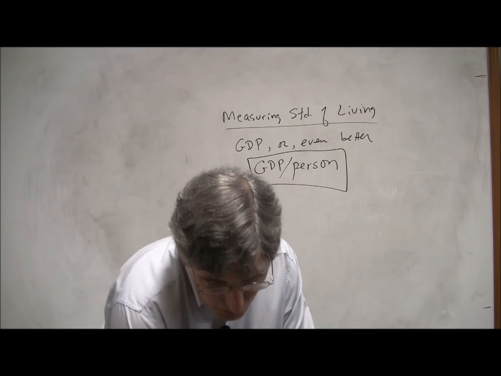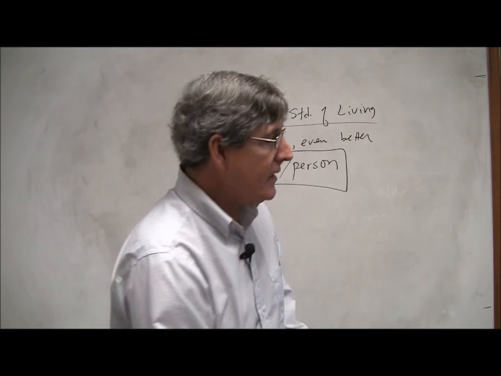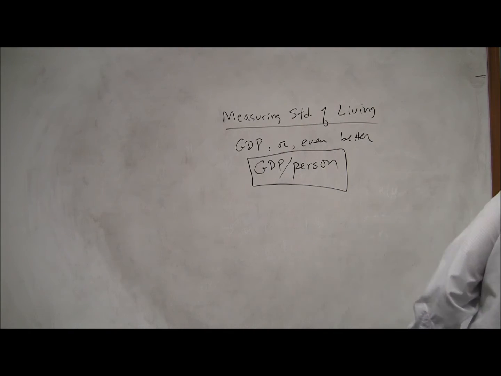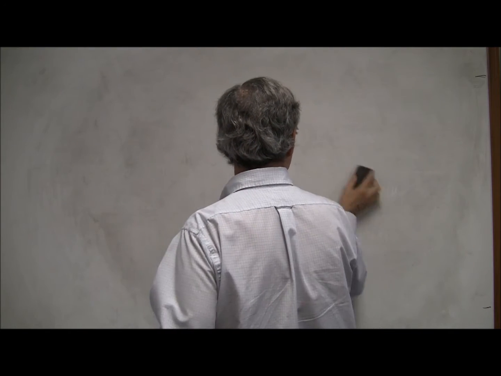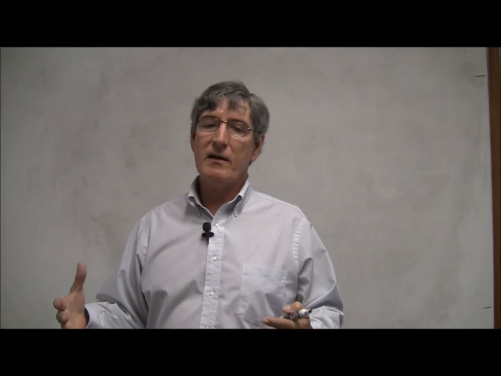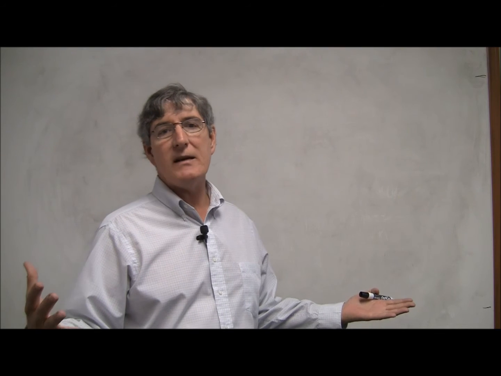When you're comparing across countries, it's a little more complicated because the prices of goods can differ across countries. You know, the price of a car can be different in real terms, in terms of the relative price, than it is in another country. You can have exchange rate differentials as well that can mess things up.